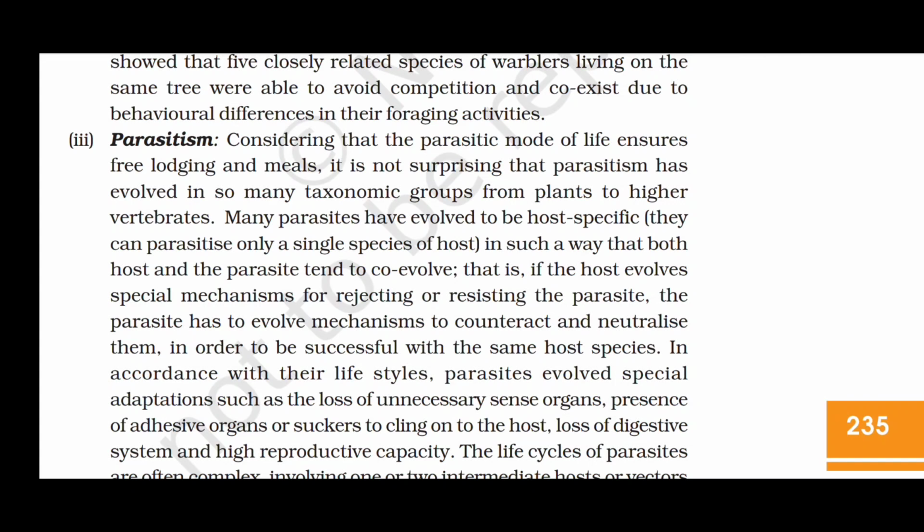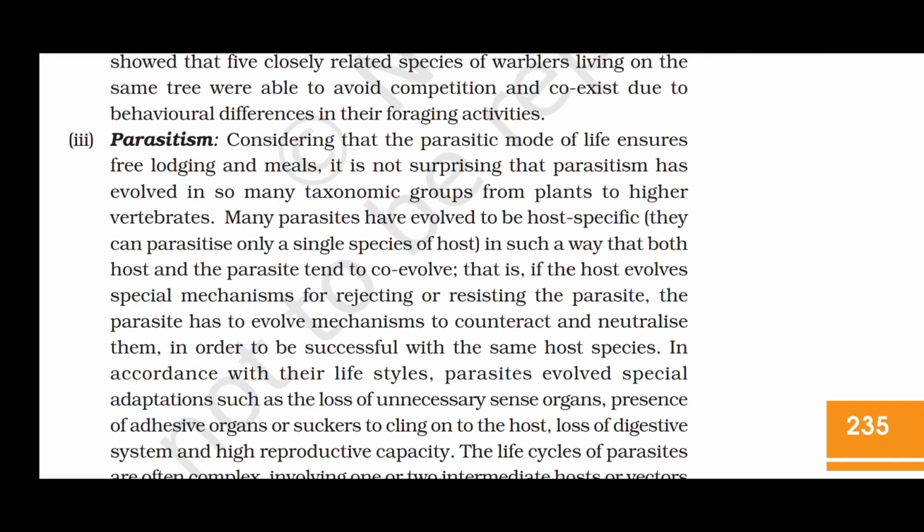They can parasitize only a single species of host in such a way that both host and the parasite tend to co-evolve. That is, if the host evolves special mechanisms for rejecting or resisting the parasite, the parasite has to evolve mechanisms to counteract and neutralize them in order to be successful with the same host species.